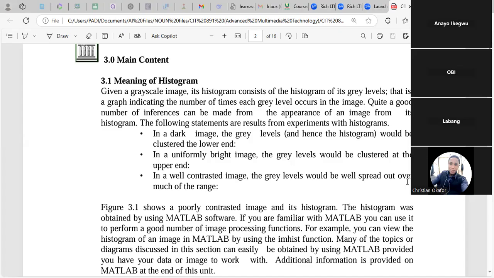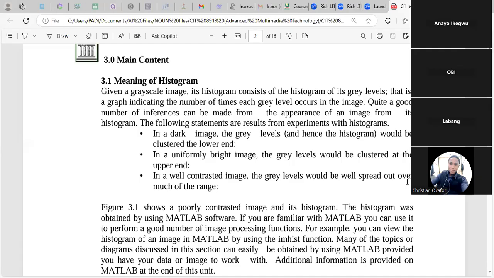At the undergraduate level, we just see that this image is black and white, this one is gray, this one is colored. We don't know what happens. At this level, you begin to find out what really transpires underneath, what technology or tools are deployed or responsible for such actions. That is master's.